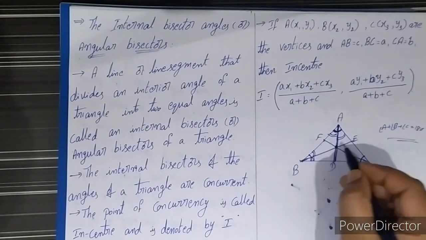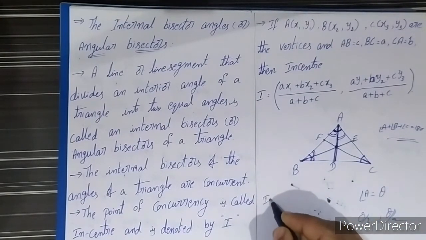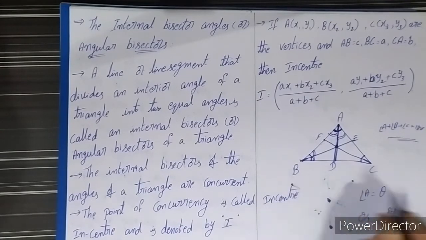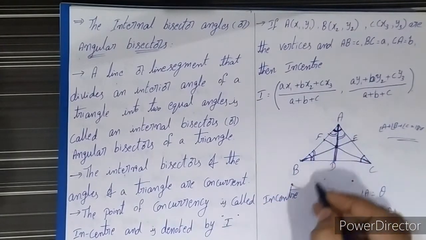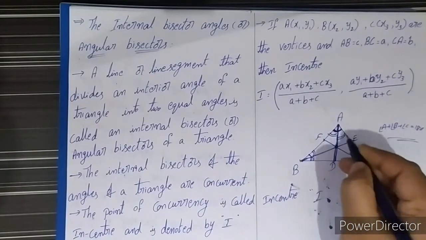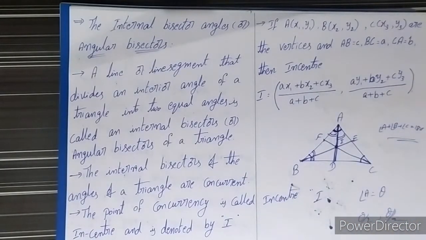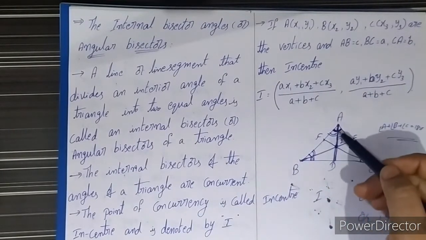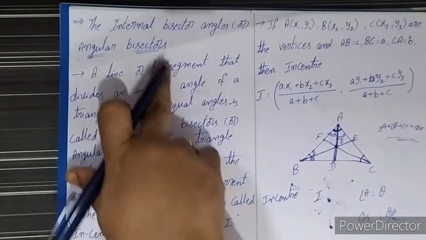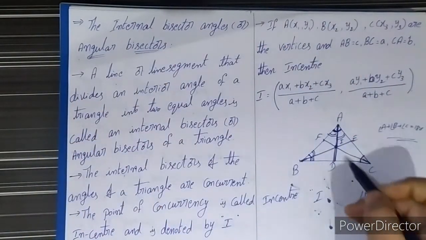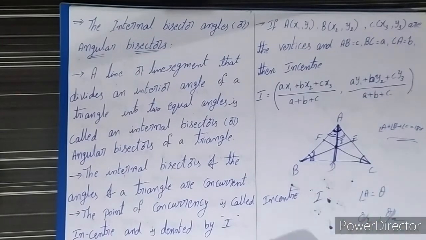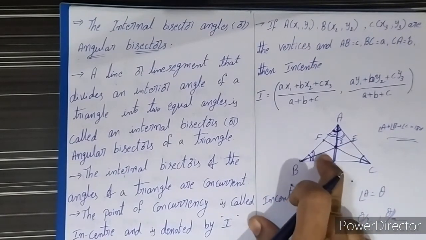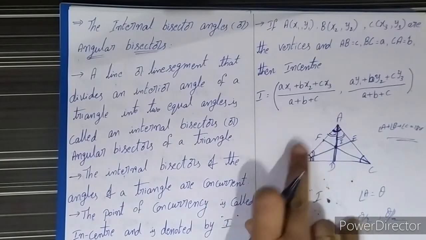Then that point of concurrency is called incenter. Incenter of a triangle ABC. That incenter is denoted by the letter capital I. The incenter is found by drawing all internal bisector angles, that AD, BE, CF, or the internal bisector angle lines of the triangle ABC.